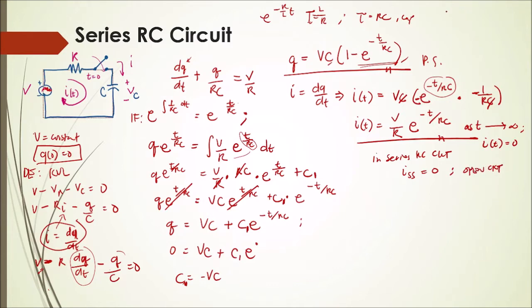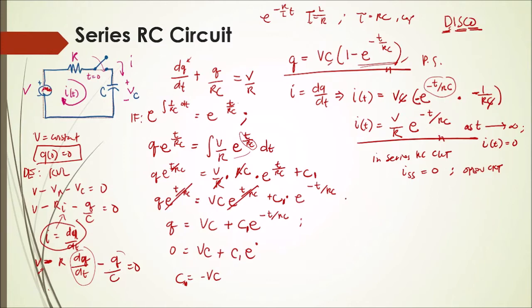So if you're not aware yet of the term DISCO, in DC, the inductor is short, the capacitor is open. Okay, inductor is short, capacitor is open. That is DISCO. Okay, so what is the VR and VC for this circuit?